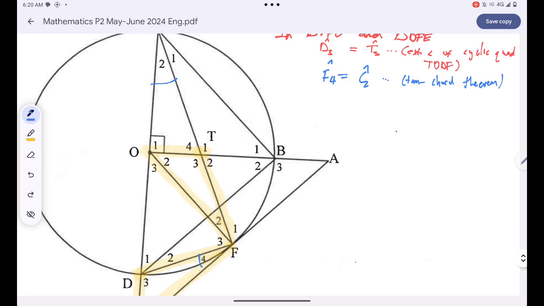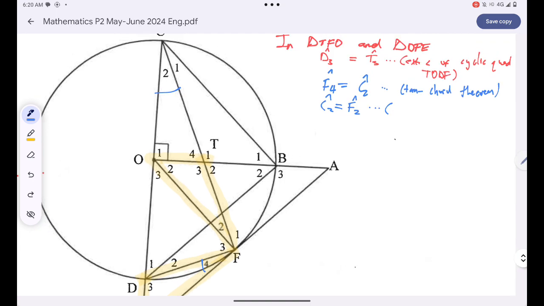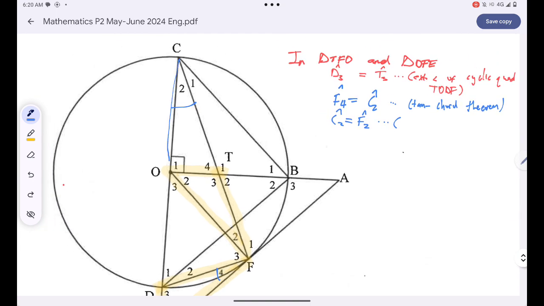But what else do I know? I know that angle C2 is basically equal to angle F2. Why am I saying that? Because OC and OF are equal because they are two radii of the circle.